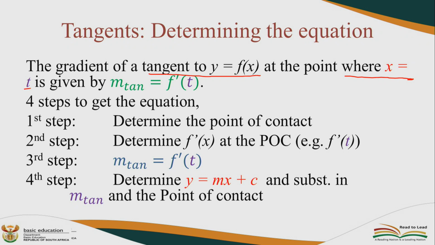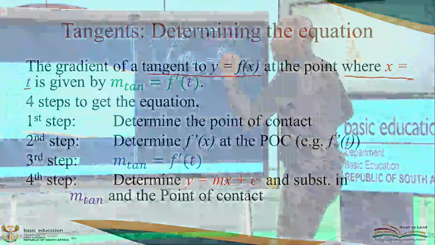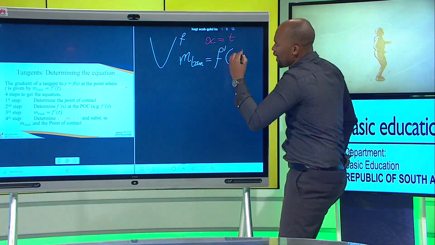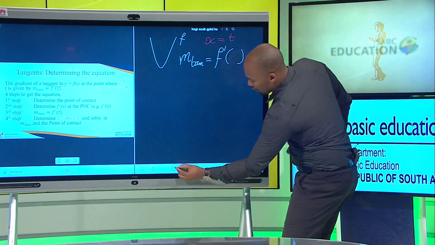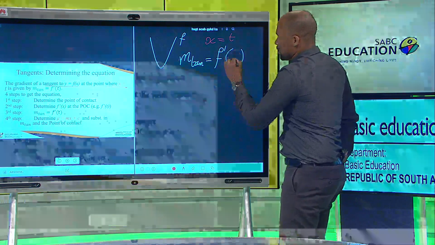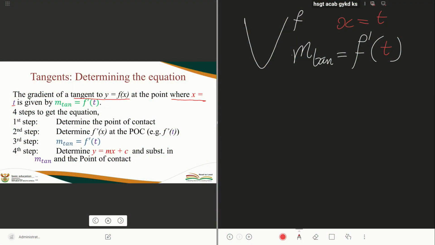What are they saying? The gradient of a tangent is equal to the first derivative of any value at this point, given as t. So we'll say maybe the x value here is t, and the value of y. So what are we using?